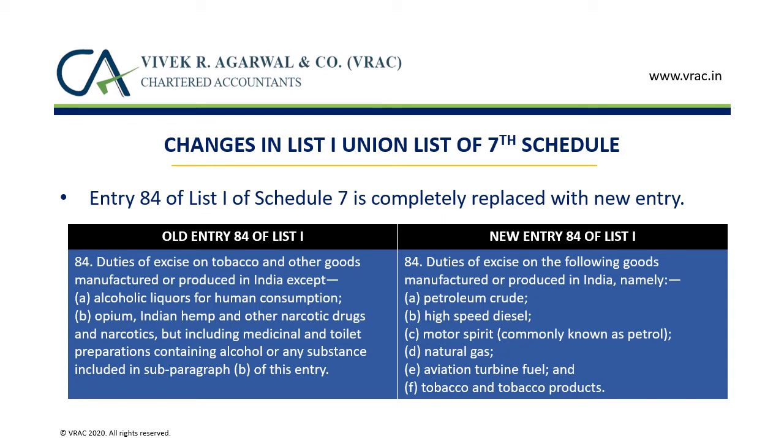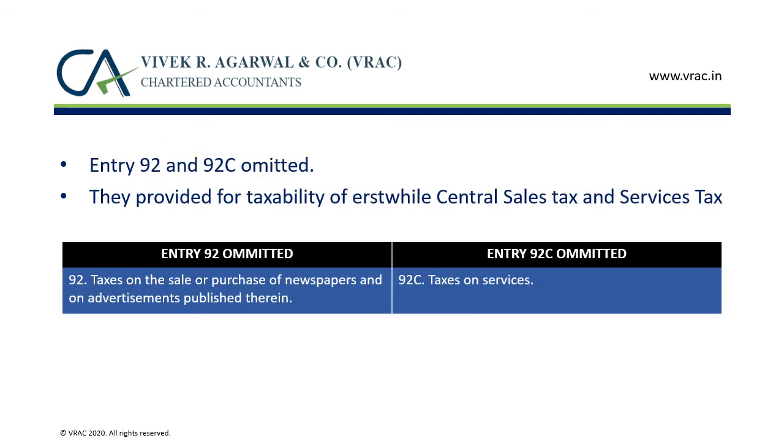This change has been made in order to confer excise duty only on the manufacture of 6 goods in India, which are petroleum crude, high-speed diesel, motor spirit, commonly known as petrol, natural gas, aviation turbine fuel, and tobacco and tobacco products. Entry 92 and 92C are omitted from the list. These two entries provided for taxability of erstwhile central sales tax and services tax. The table shows the entries which are deleted, for your reference.